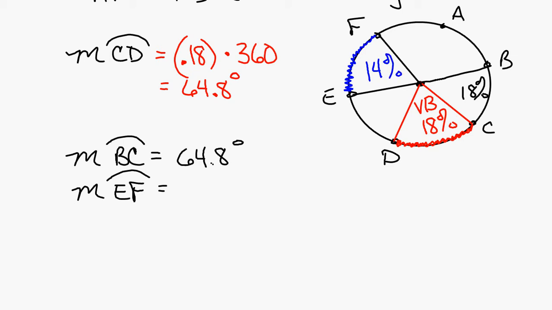So you take 0.14 and you multiply it by 360. And that's equal to 50.4 degrees. So when you're finding arc measures in these pie charts, find the percentage that corresponds to that arc and multiply that by 360.